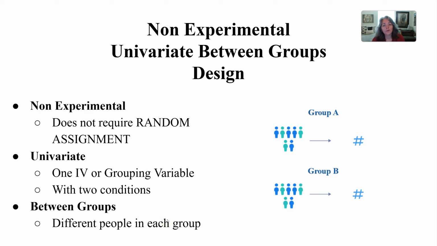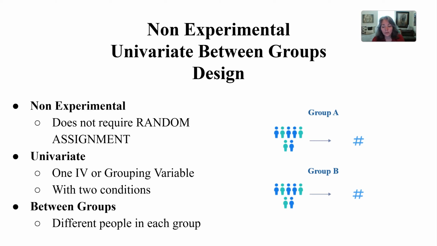Okay, so for the purposes of this next study, we are going to conduct a non-experimental univariate between groups design. So by non-experimental, we are not requiring a research question whereby you have to randomly assign participants. So you can make any comparison you want across any two groups.